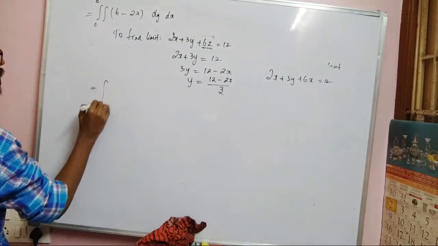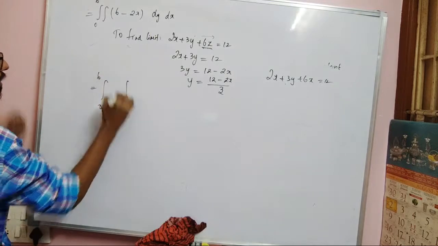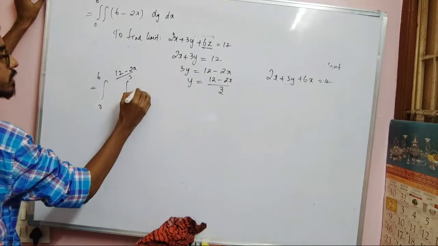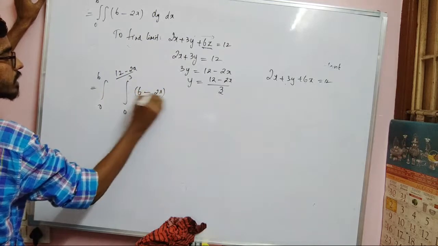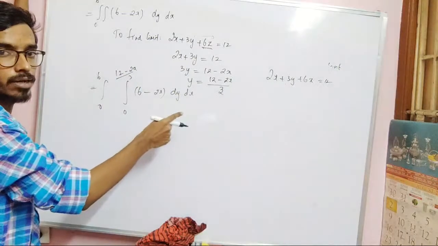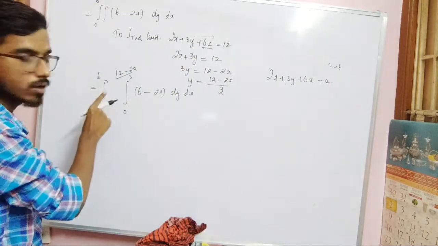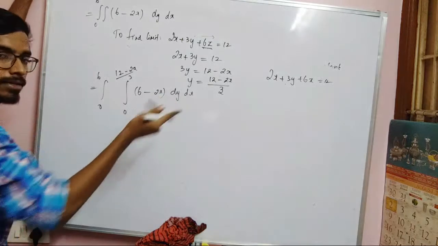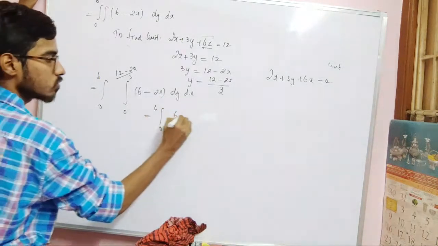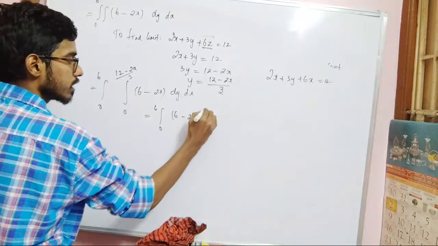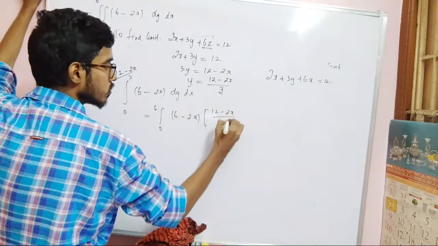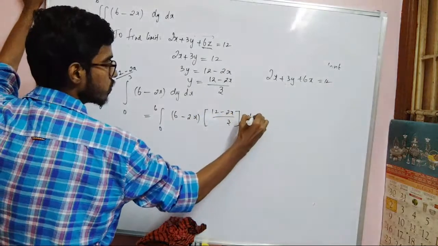So this will be the integral from 0 to 6, integral from 0 to (12 minus 2x) by 3, of 6 minus 2x dy dx. You can always interchange the limits; you just see which is a number, and then change to dy dx or dx dy. So this will be the integral from 0 to 6; there is no y here, so 6 minus 2x is constant. The integration of dy is y, so we have (12 minus 2x) by 3 into dx.